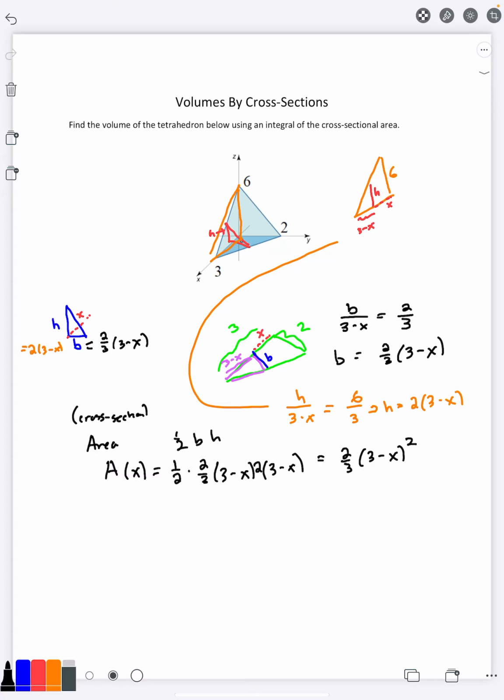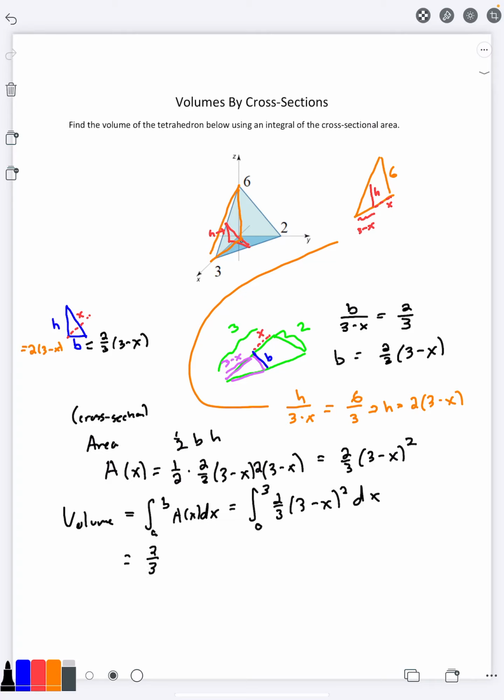Now, in order to find the volume here, we are going to integrate the cross-sectional area. We know we're starting with x is 0 on one side of the shape, x is 3 on the other side. The cross-sectional area is this thing here. Now, we can either multiply that out and integrate it term by term, or we can try a u-substitution integral.